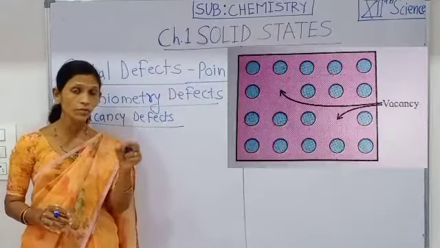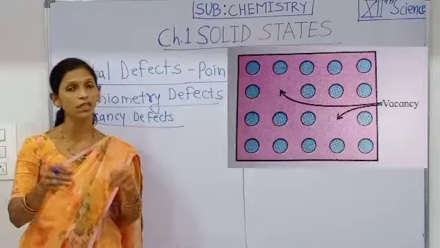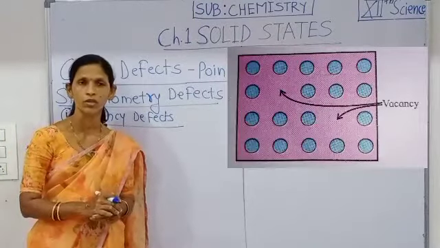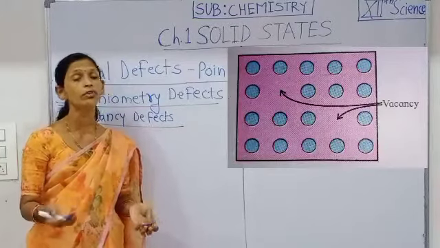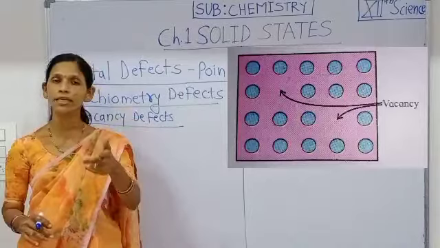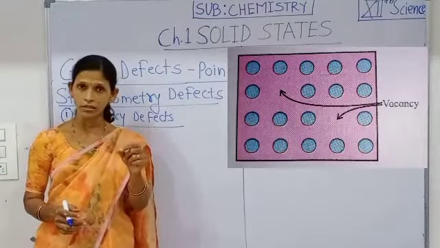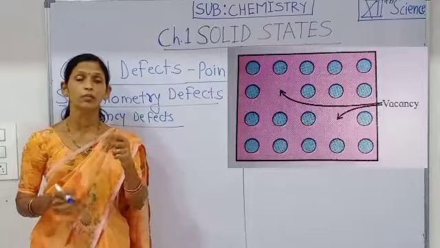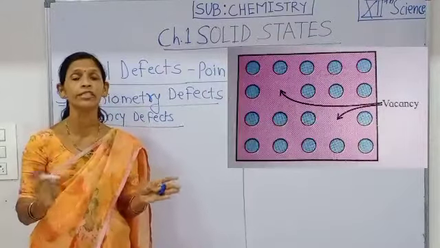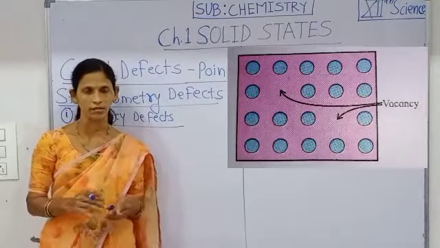The name itself indicates that a vacancy is created in the crystalline substance. You have studied why defects are created in crystalline substances. Defects are created if the crystallization process takes place at a faster rate.